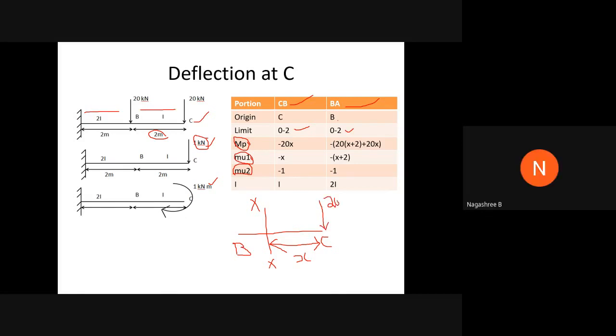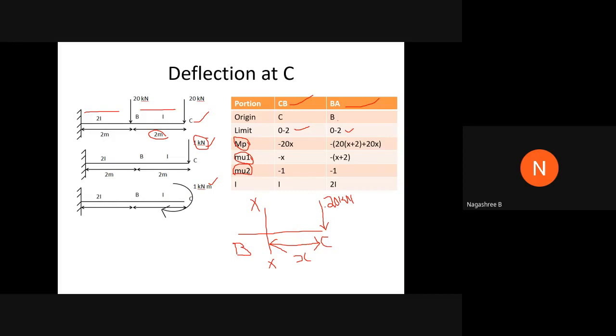This is the 20 kilonewton load which is present. For computing the value of MP, I have taken this into consideration. I have assumed a section XX at a distance of x from C. Now I need to compute the moment due to the point load of 20 kilonewton at the section XX.